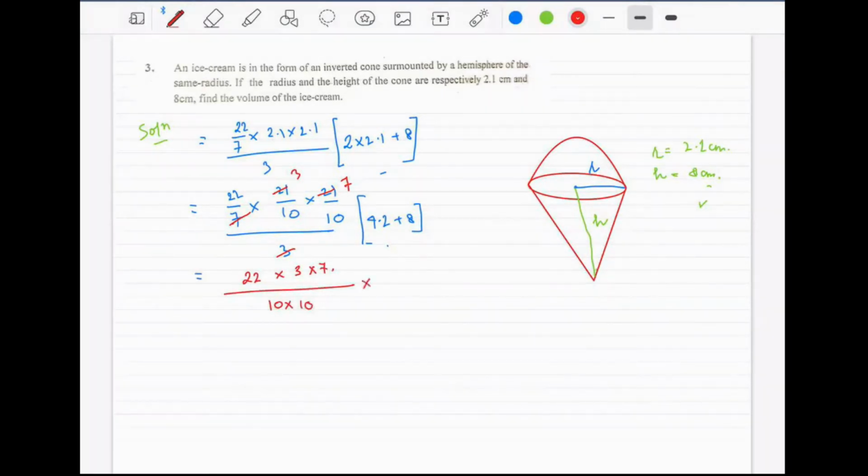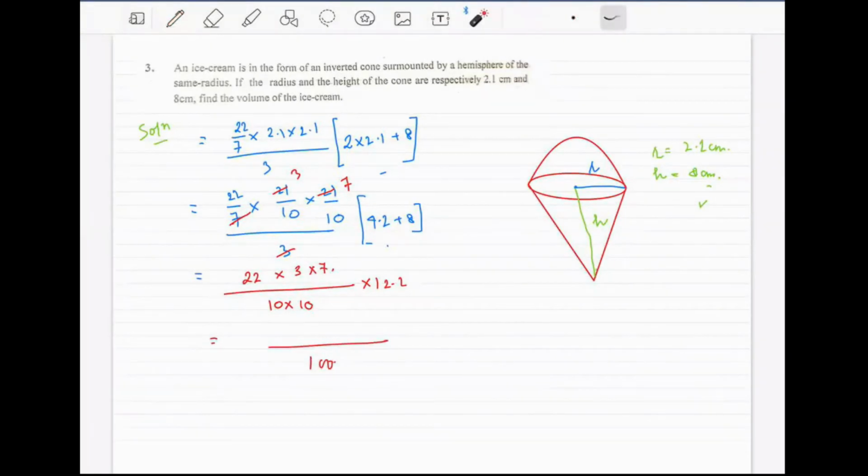And into, we can add these two together. Add and multiply all this, 1, 2, 3, 4. Denominator, how much is it? 10 and 10 is 100, right?